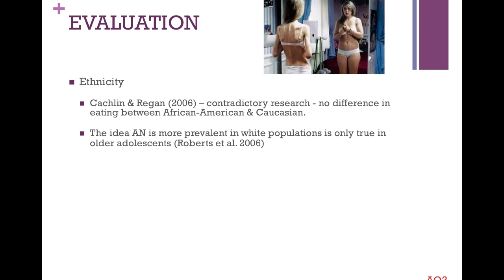So it's not a straightforward link to just say it's just white Western women. Sometimes it seems to be, but sometimes there seem to be similar levels in other ethnic groups as well.